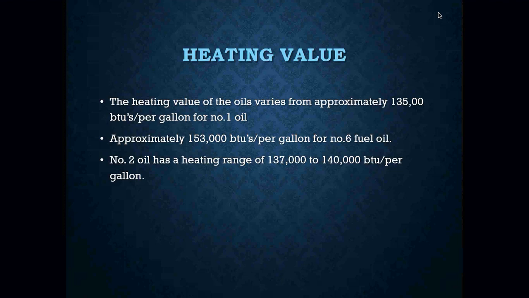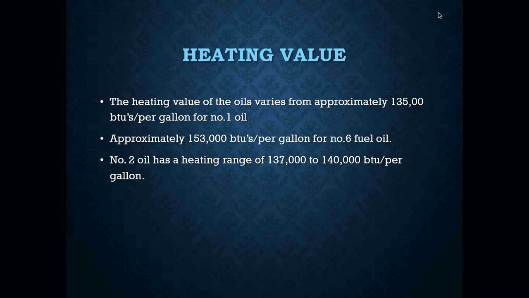Number 1 actually is a lower heating value than number 6. Well, why is that? Well, that's just simply due to the fact of the refining process. Number 1 heating oil is a more refined oil. Number 6 oil is very, very dirty. It has a very high ash content. It's very heavy. So it's going to have a higher BTU content.